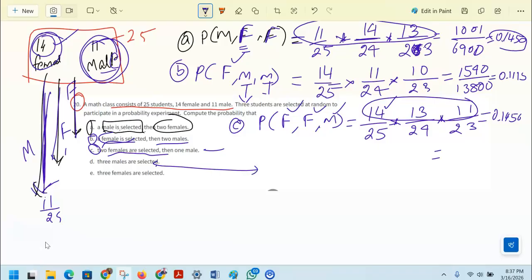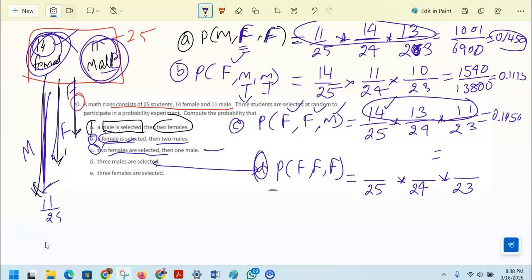Then comes three females. So this is D, probability getting female, female, all three females. So again my fundamental counting principle says first out of 25, then out of 24, then out of 23. The first female will be out of 14, so it will be 14, and one is gone, so 13 remaining. One is gone, 12 is remaining.